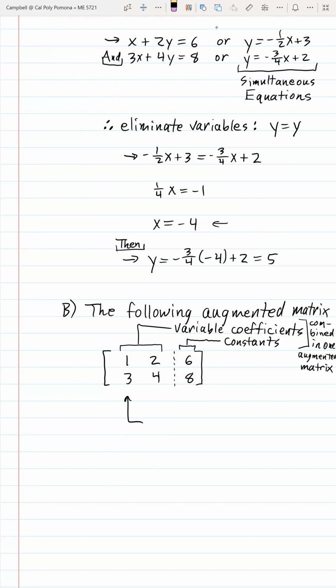Clearly, you can see based on my matrix multiplication, if I wanted to have a variable vector where the first variable is x and the second variable is y, we can then see that the first column just represents the x coefficients. And the second one represents, of course, the y coefficients.